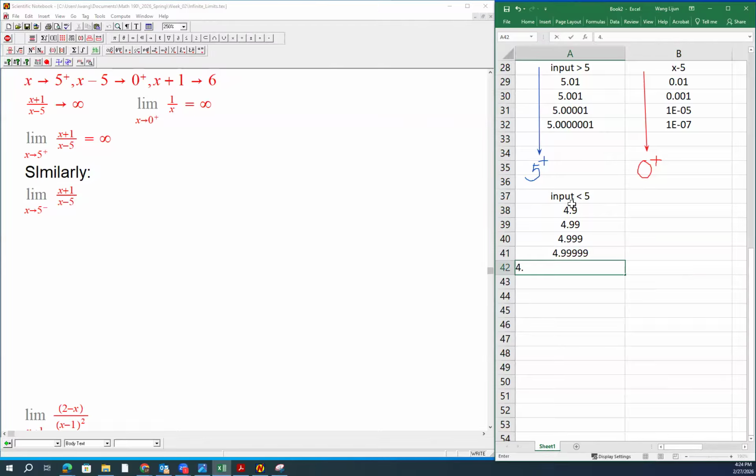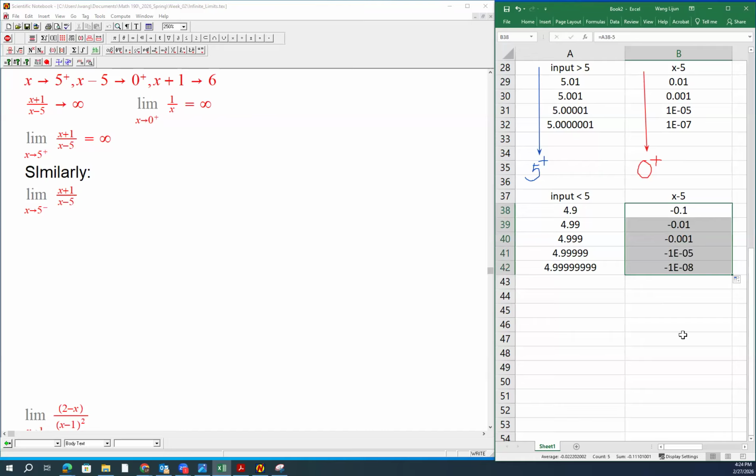Let's do one more, with more 9s. In this case, what will happen to x minus 5? It will be this input minus 5. What do we get? You can see we get a bunch of negative numbers, but each one of the negative numbers is getting closer and closer to 0.